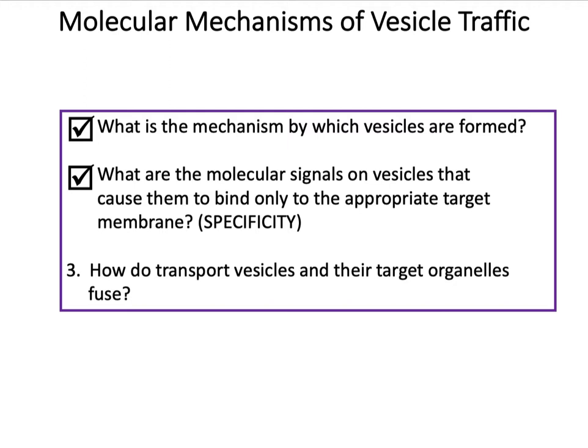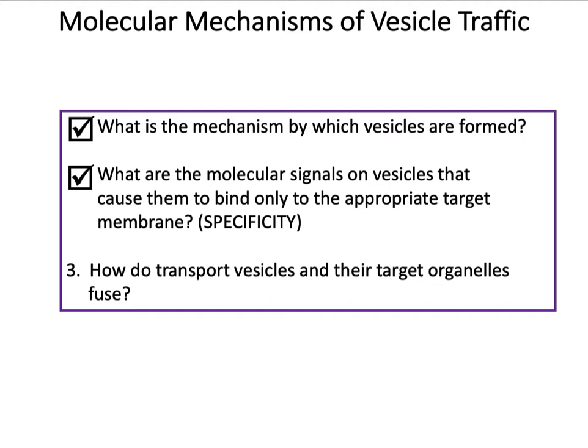So what is the mechanism by which vesicles form? You have these small molecular GTPases that attract these coat proteins, and it is the assembly of the coat that causes the membrane to bend, the vesicles to form.